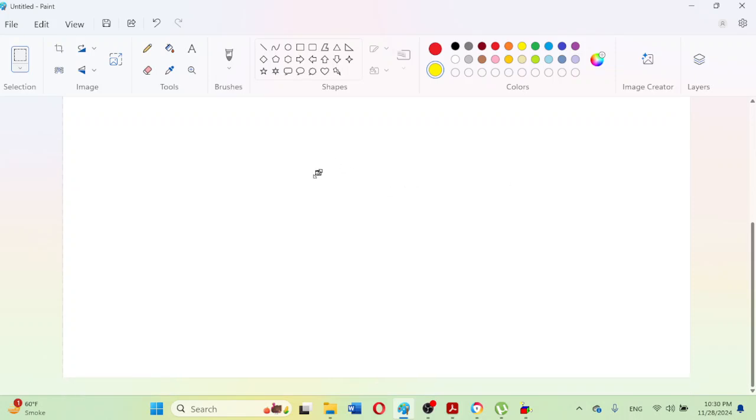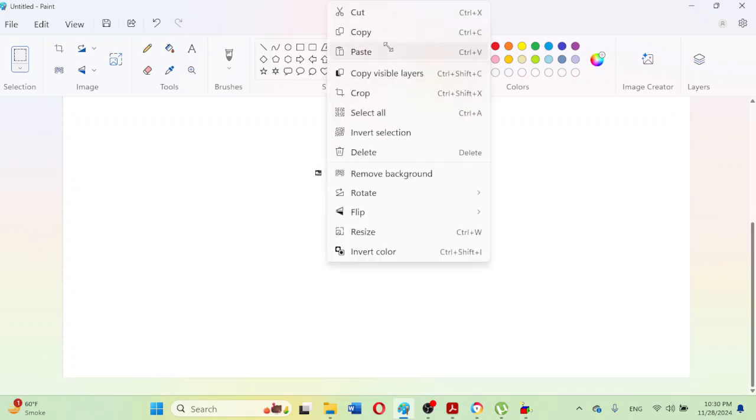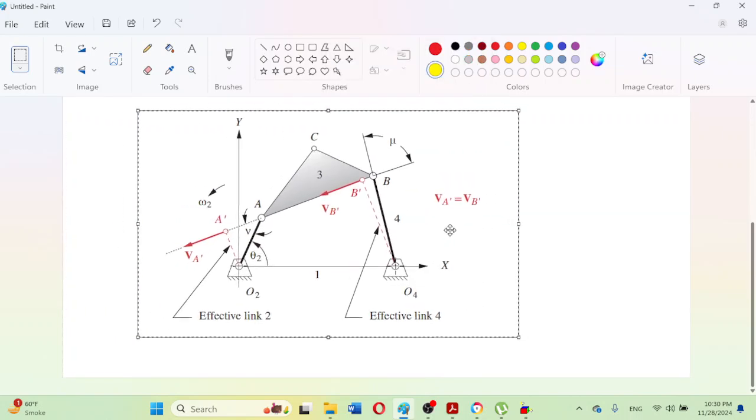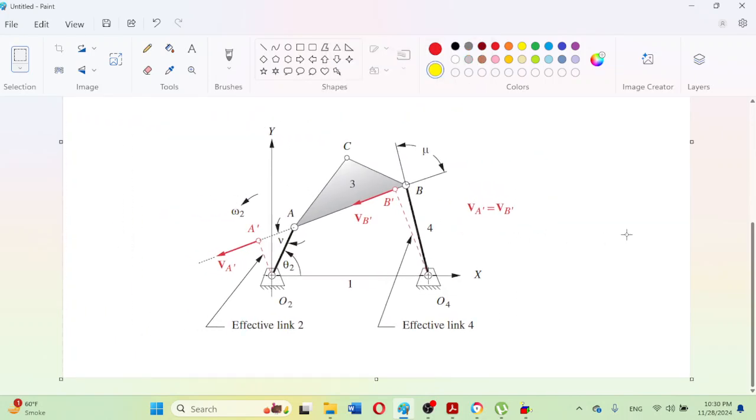So let us paste it here, and here as we can observe, actually this is the physical or fabricated link.